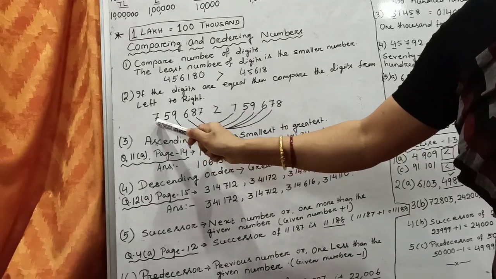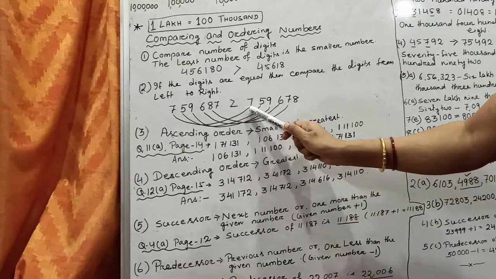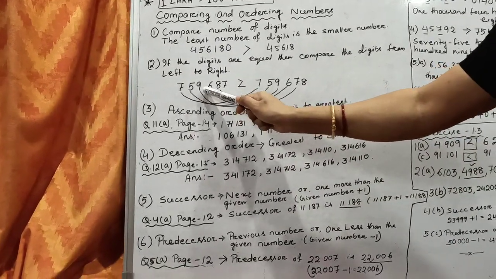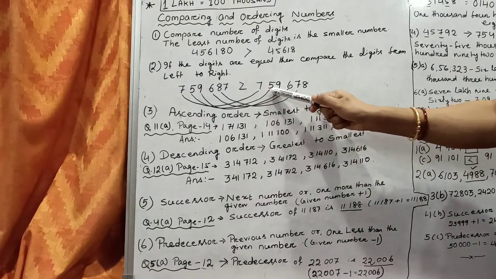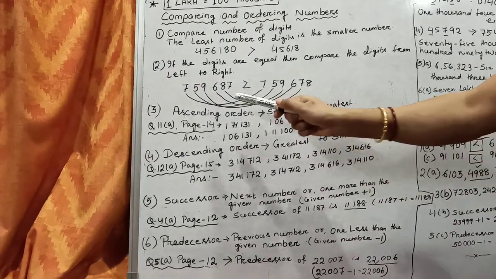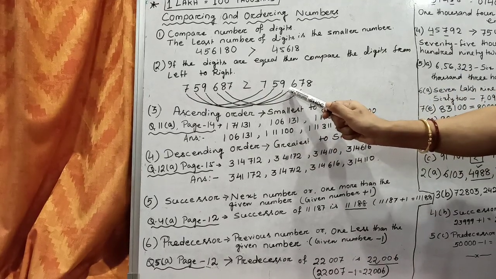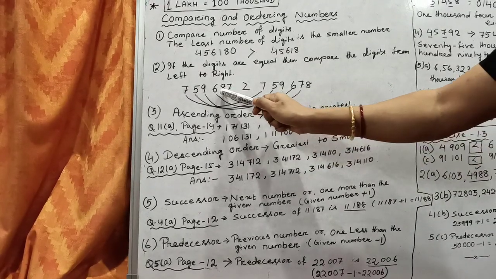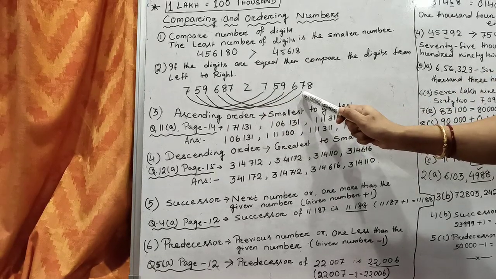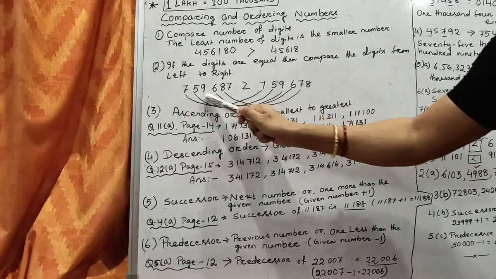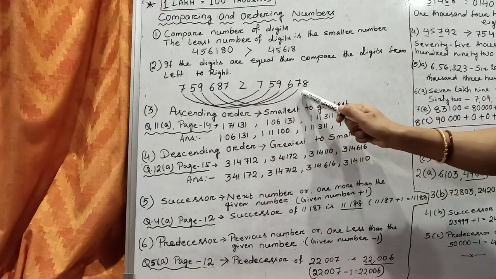First digit, left place, is 7, here also 7. Then in the thousand place, 59 is here, also 59, same. Then in the hundred place, 6 is here, also 6, both are same. Tenth place, here is 8, here is 7. So 8 is greater than 7, that's why this number is greater than this number.